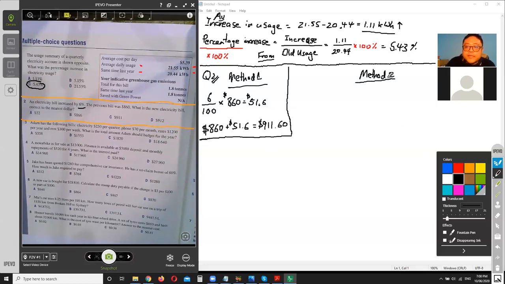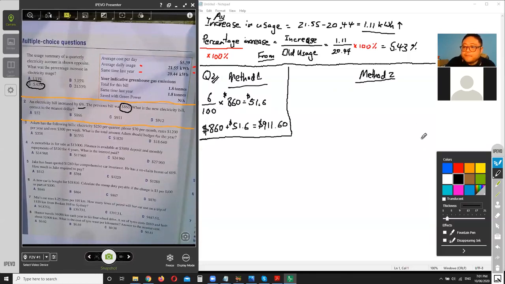So there is a second method. Any ideas as to how you might do this another way? Not entirely sure? Okay. If we were to put this as a percentage, what percentage would that represent?